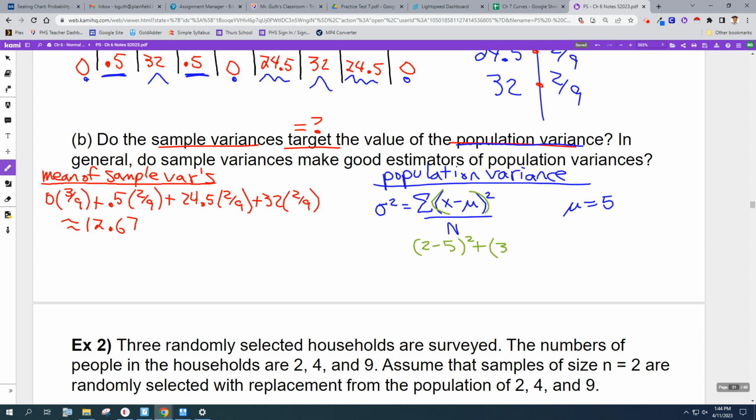Remember, our numbers were 2, 3, and 10, right? So I'm going to take that x value of 3, subtract the mu, which was 5, and square it, plus, and do the same thing for my 10. I've got an x value of 10 minus that mu value of 5, and square it, and I'm going to divide by the big N, which was 3. There are 3 numbers in my population.